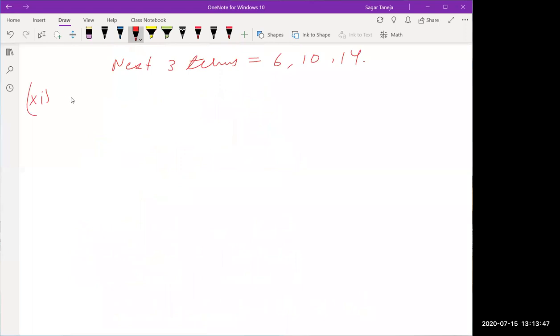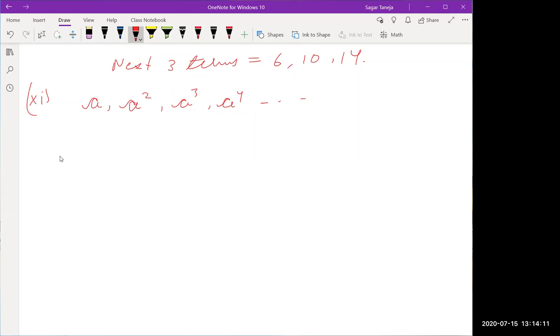11th part. On the next page of your book, it is given a, a square, a cube. This is also a kind of series which will come in your 11th grade. Okay, it is also a kind of series, but it is not an AP.